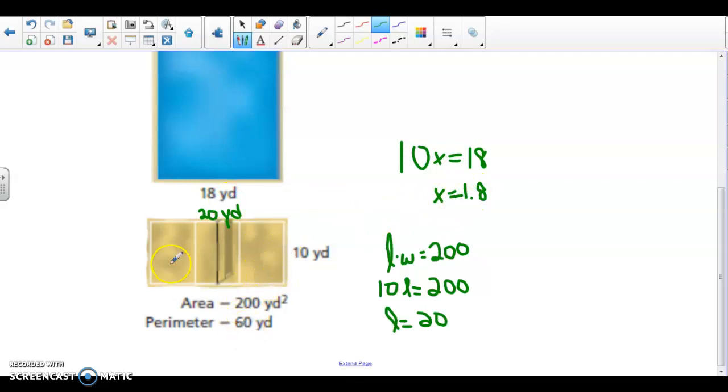So if I want to find the perimeter of the new shape, I would just do 60 times 1.8, which would be 108. So the perimeter of the pool is 108 yards.